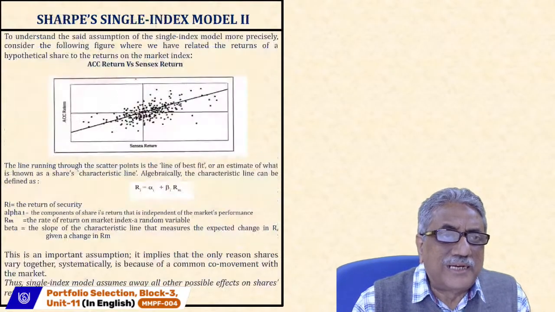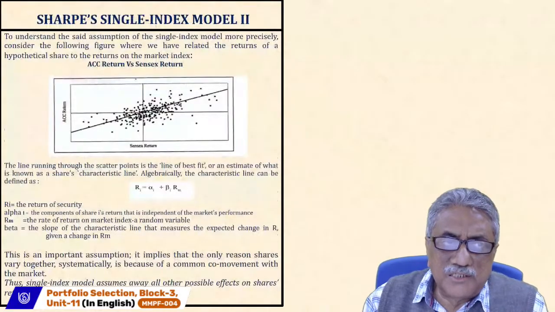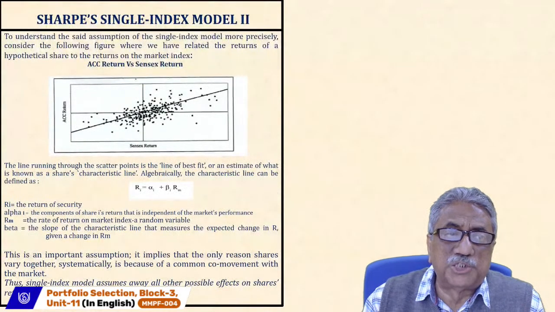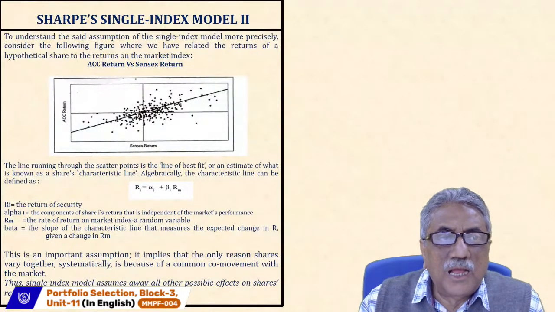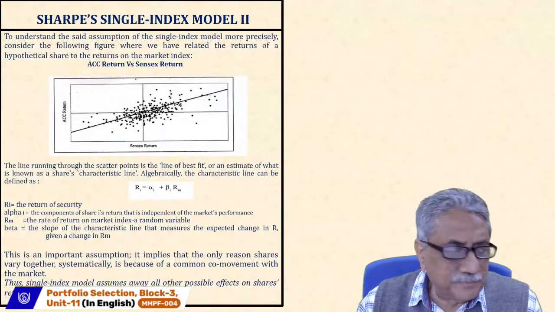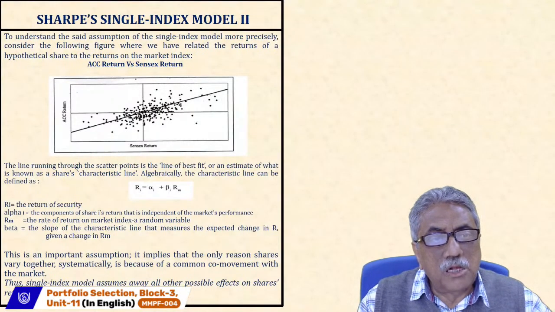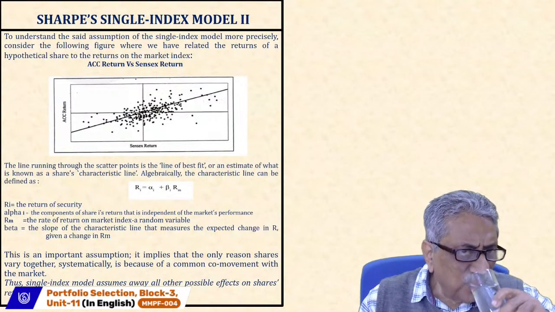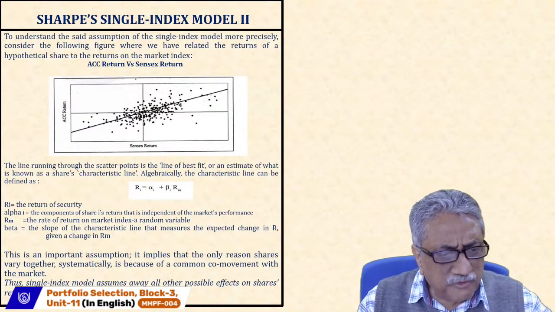Now, to understand the said assumption of the single index model more precisely, consider the following figures where we have related the returns of a hypothetical share, not hypothetical actually, we have done ACC, to the return of the market index. Okay, I am not giving the time frame. It has been done over a period of time.